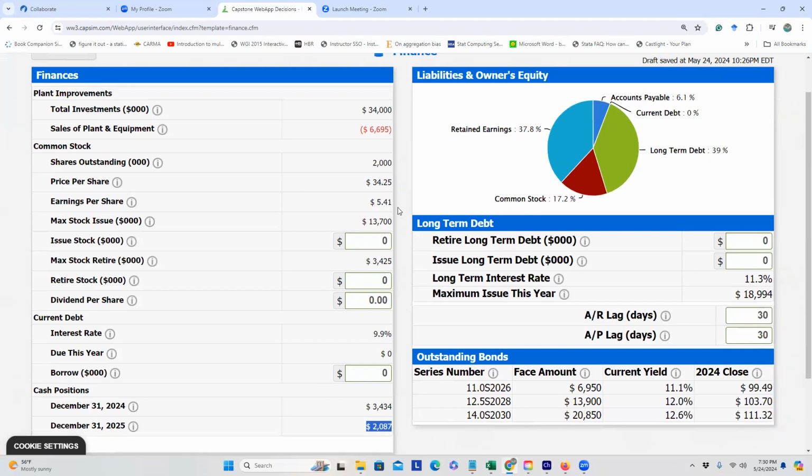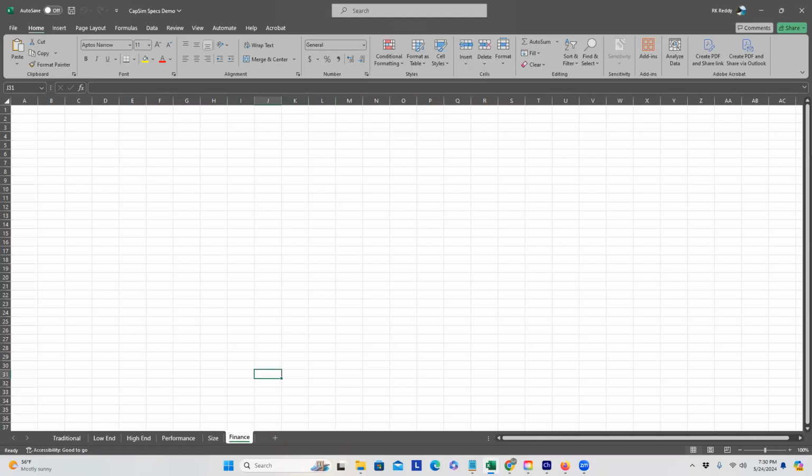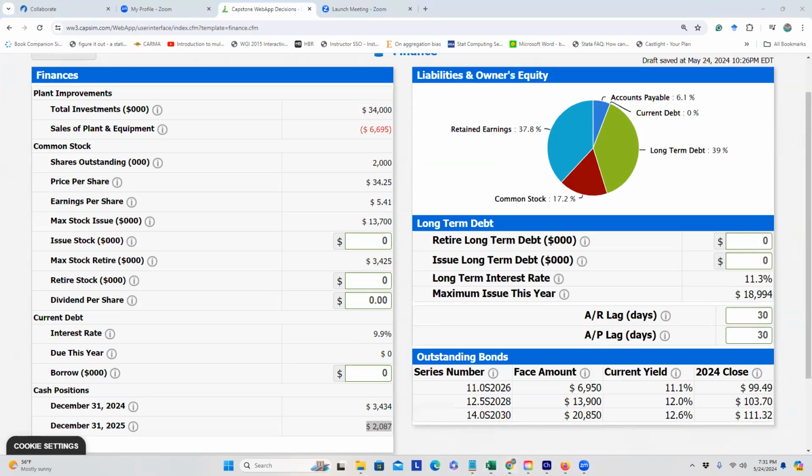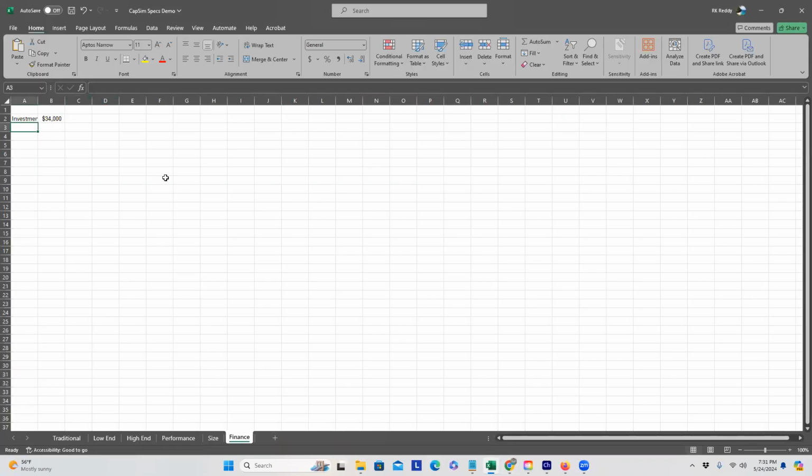So there are two options to deal with this. First, let's look at how much our total expenditure is going to be. That's going to be $34 million. As you know, these are all represented in thousands, the last three zeros. So it's 6695 that you're getting out of equipment.